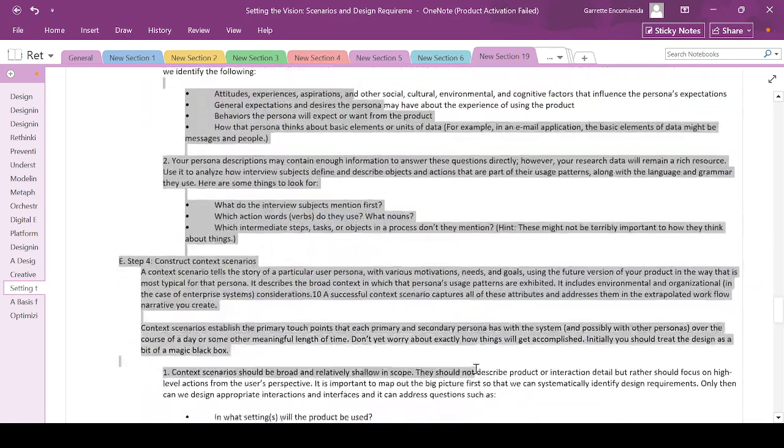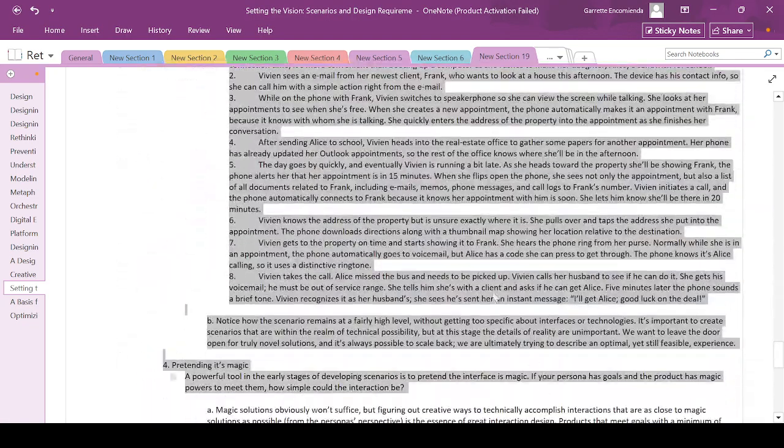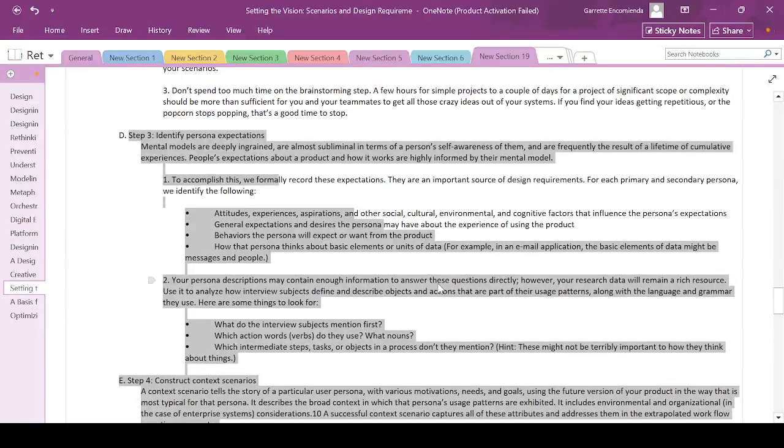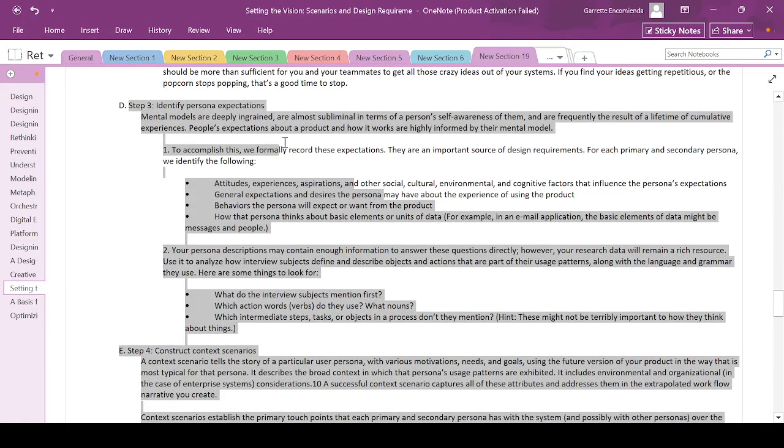Step 3, identify persona expectations. Mental models are deeply ingrained, are almost subliminal in terms of personas' self-awareness of them, and are frequently the result of a lifetime of cumulative experience. People's expectations about a product and how it works are highly informed by their mental model.